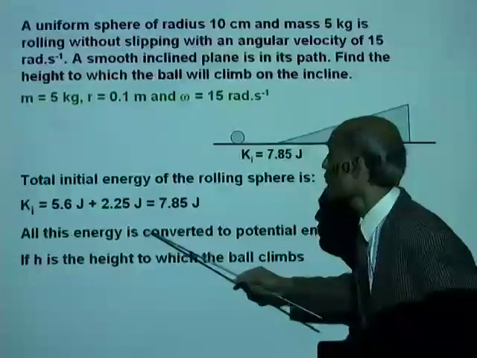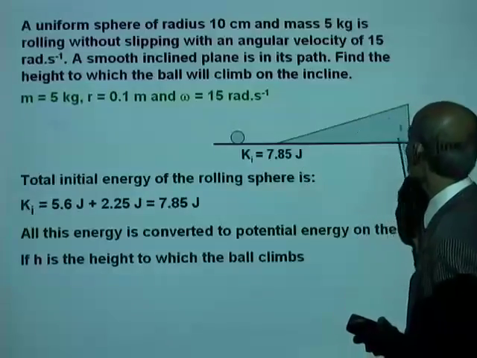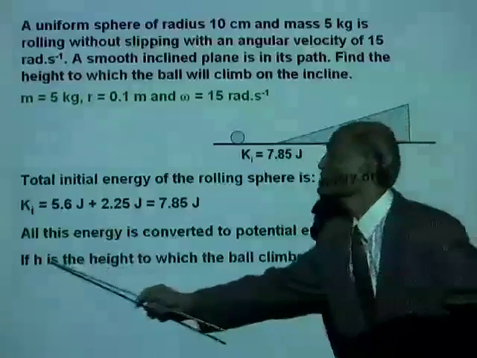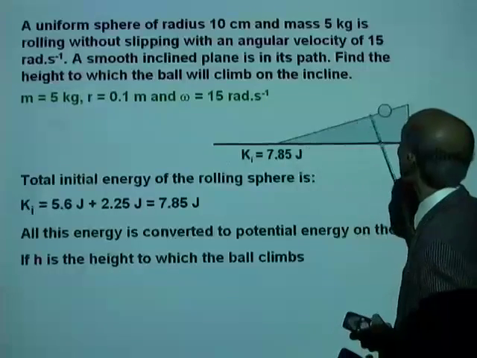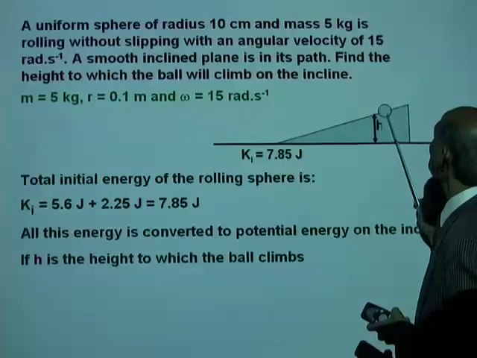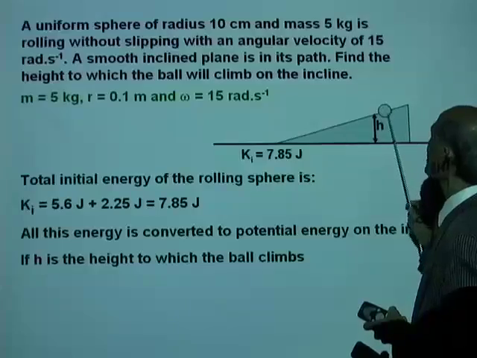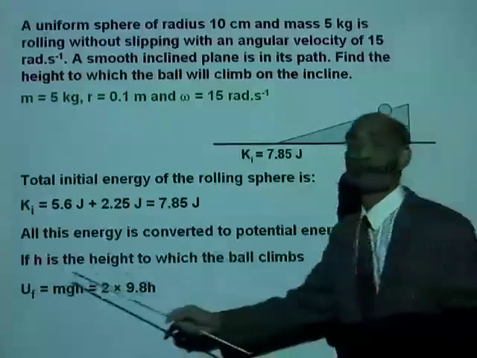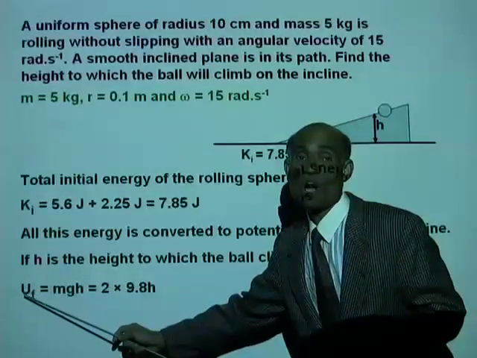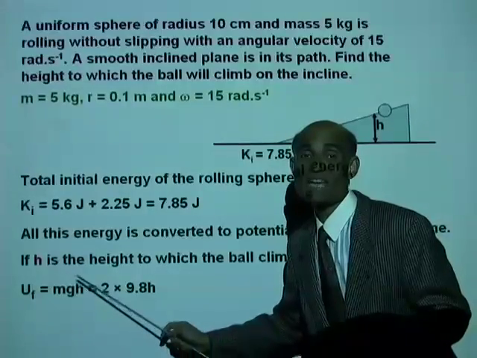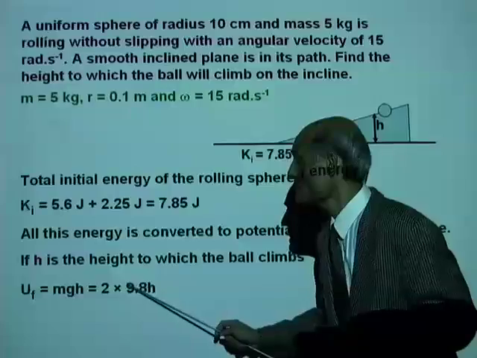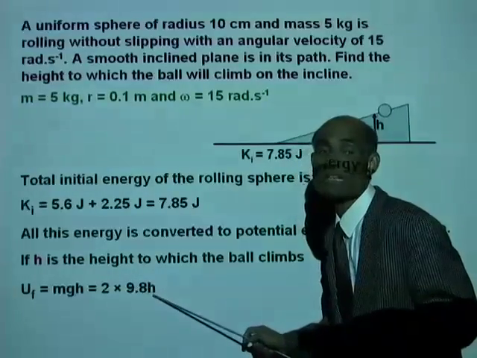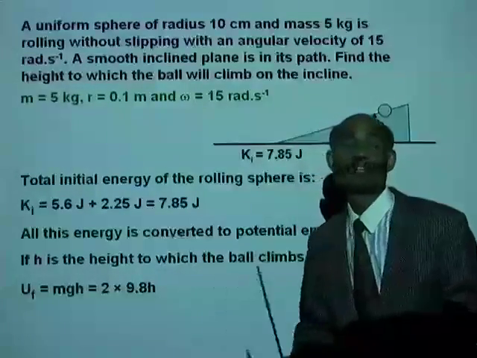Now all this energy is going to be converted to potential energy when it rolls to a height h. This is h. What is the potential energy there? The potential energy of an object placed at a height h is mgh. Mass is 2 kilogram, g is 9.8, and h we don't know, we need to calculate it.